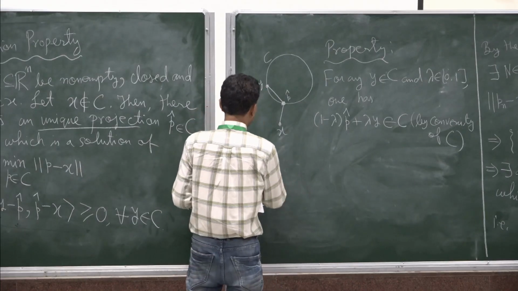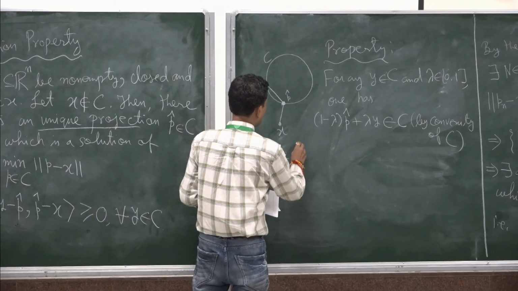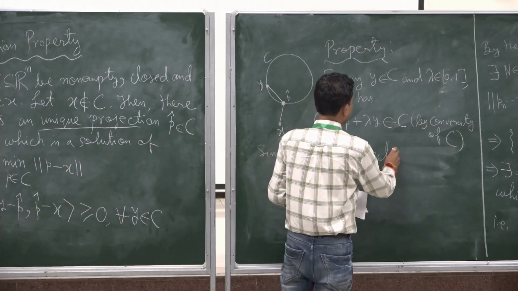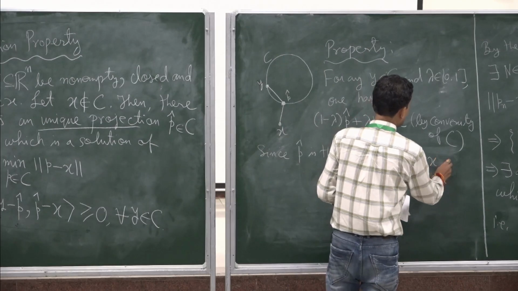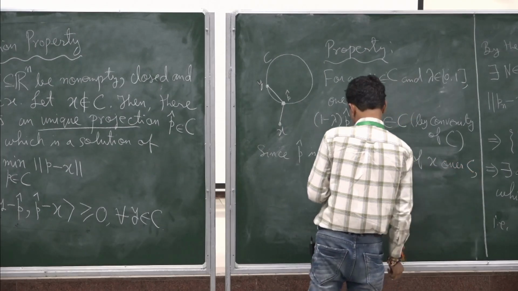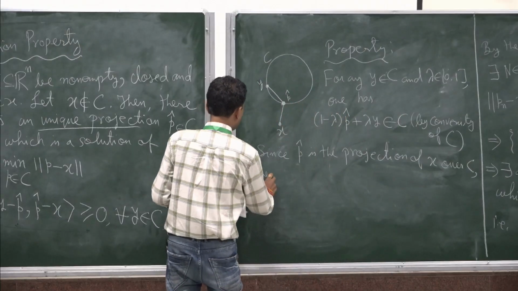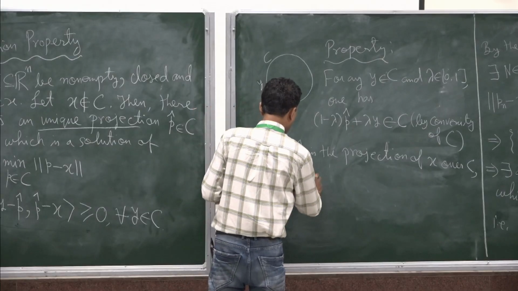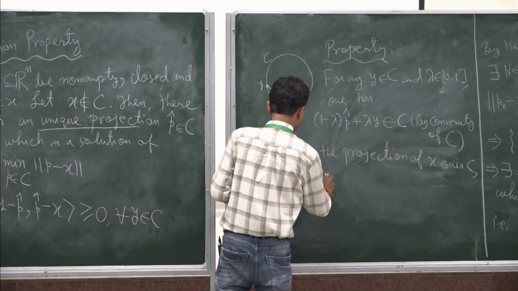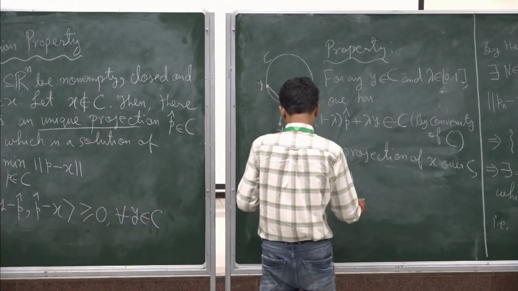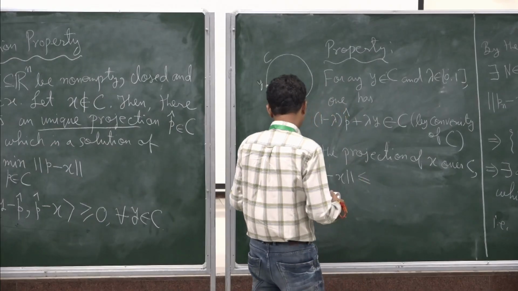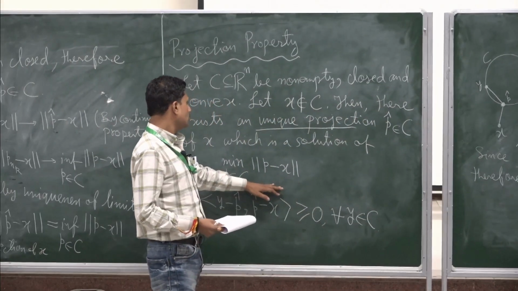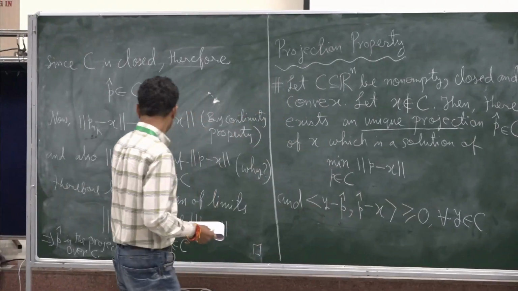So since P hat is the projection of X over C, therefore we can write that the norm of P hat minus X is less than or equal to, because this is the minimum value we are having.